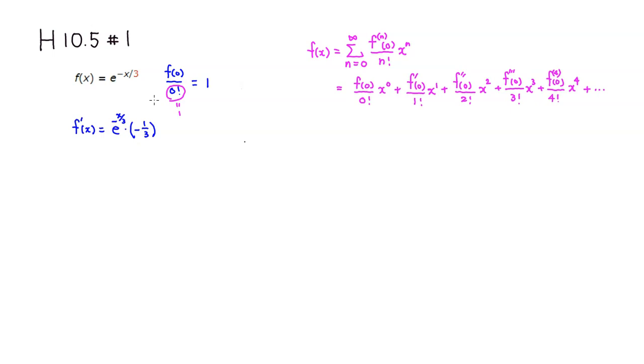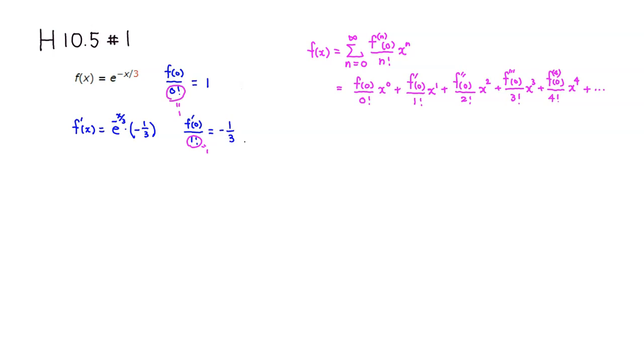Then we find f prime of 0 over 1 factorial, and 1 factorial is 1, so it doesn't do anything in this case. If you plug in 0, e to the 0 is 1, so it's going to be 1 times negative 1/3. So you have a negative 1/3.